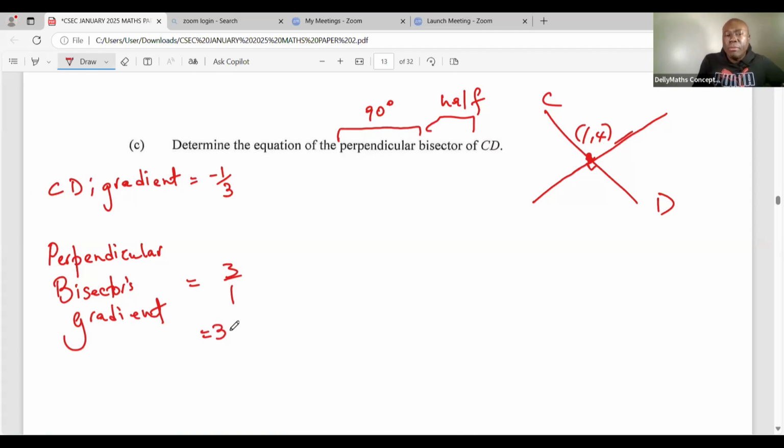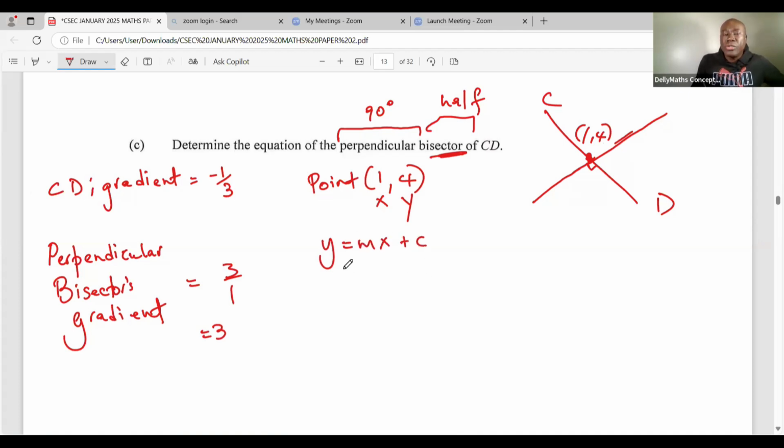So I have the slope for this line, and then I have a point that it passes through. The point that it passes through would be the midpoint, because that's where we get the bisector from. So here is the deal. That's x and this is y. So of course, I am able to write an equation of this perpendicular bisector line. I could write it in more than one form. I'm just going to write it in slope-intercept form, which is the regular y is equal to mx plus c.